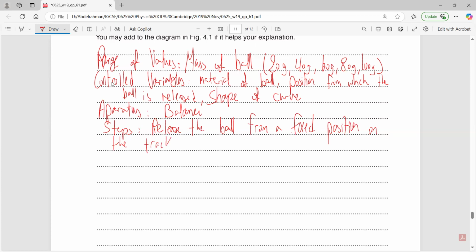Start the stopwatch. And then calculate the time taken for the ball to come to rest.